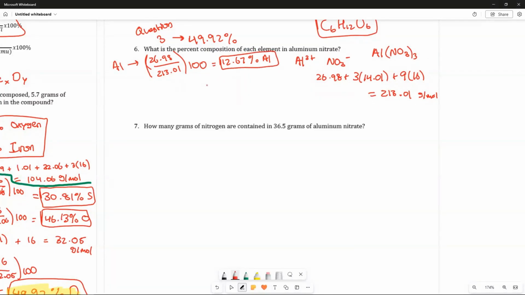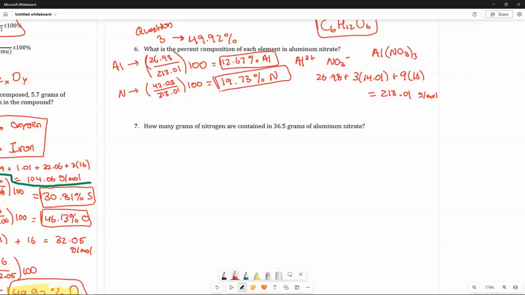Next, nitrogen, which is 14.01, and we have 3. So 3 times 14.01 gives us 42.03 over 213.01 times 100, which gives us 19.73%.